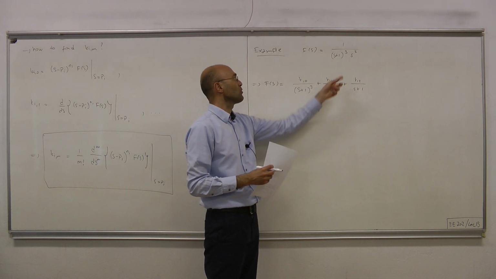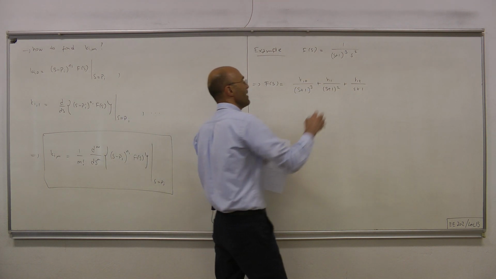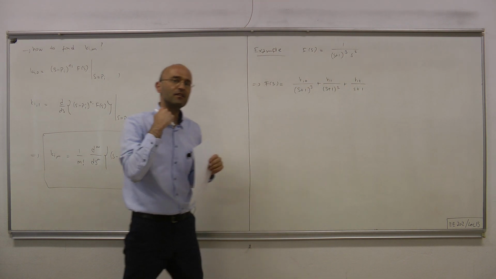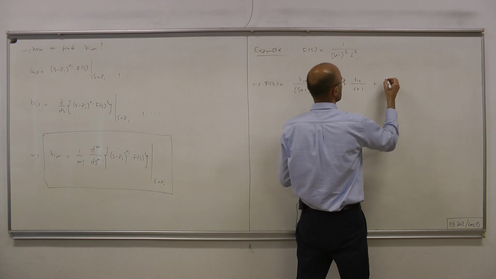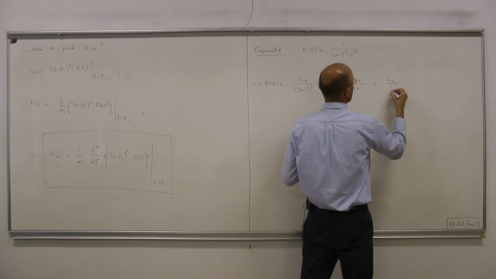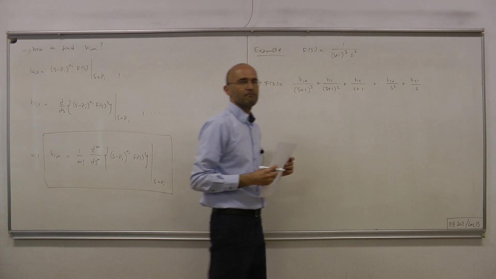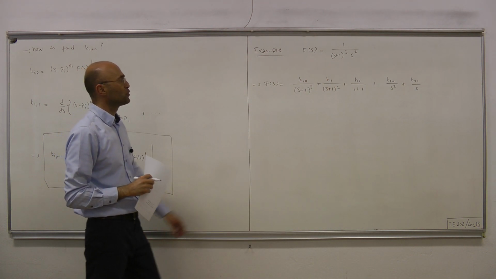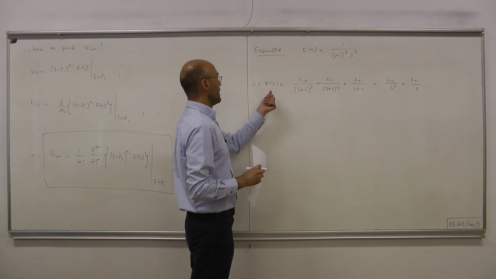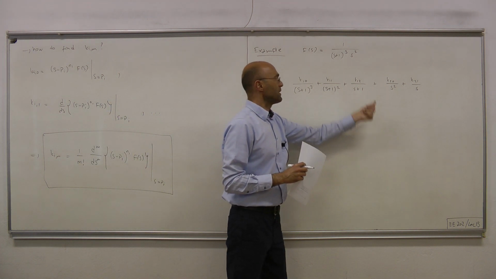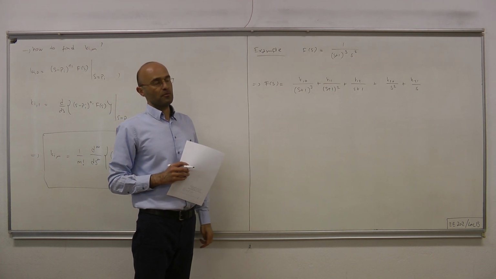We have 3 terms because that pole is repeated 3 times. Okay, and then this pole at the origin will produce 2 terms. Plus k20 over s squared plus k21 over s. Okay, if we can compute all those 5 residues, we can easily write f of t because we know what the inverse Laplace transforms are for those individual terms.